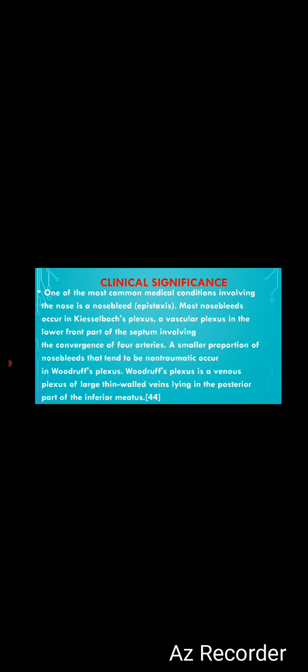A smaller portion of nosebleeds, which tend to be non-traumatic, occur in Woodruff's plexus. Woodruff's plexus is a venous plexus of large thin-walled veins lying in the posterior part of the inferior meatus.